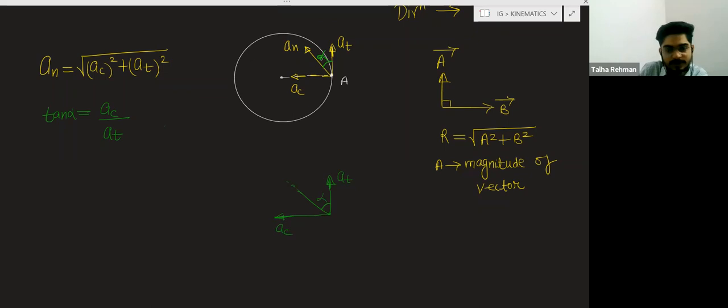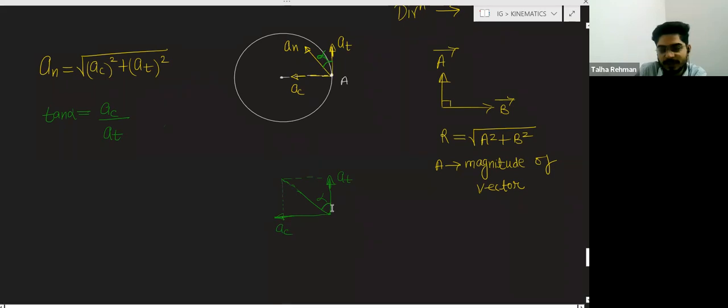What you will do is just complete this parallelogram. The length of the arrow is the magnitude of the tangential acceleration. So this length will be equal to this length.